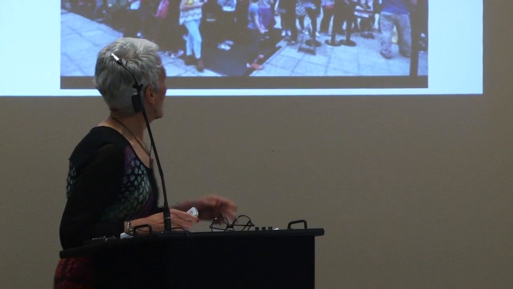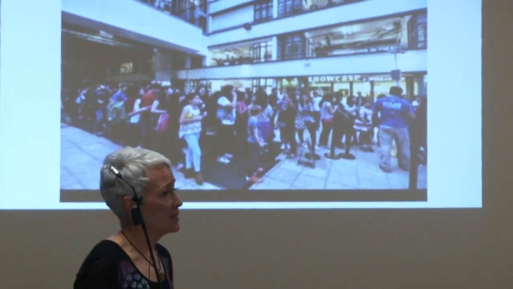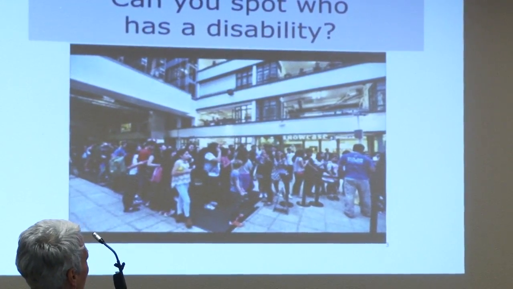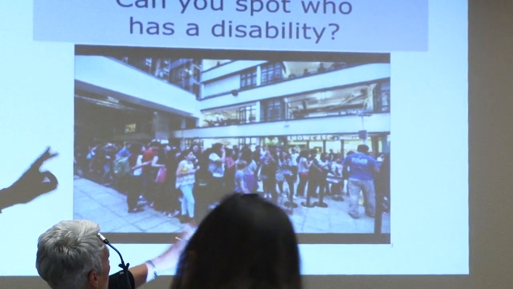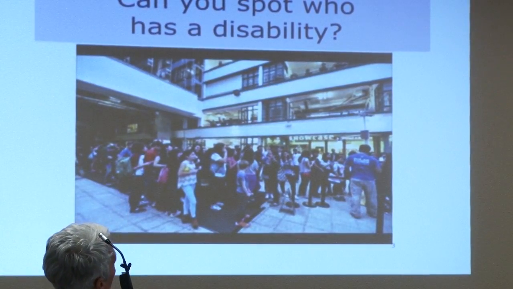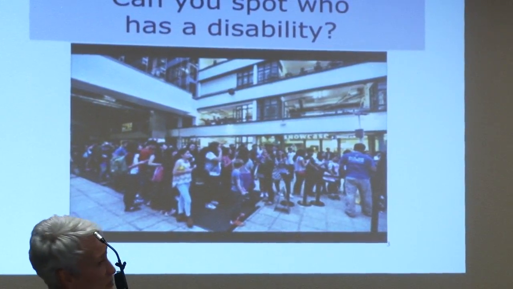So sometimes disabilities are invisible. Here's a whole bunch of people lined up to go into a movie someplace back in Maryland. Can you spot anybody there who has a disability?